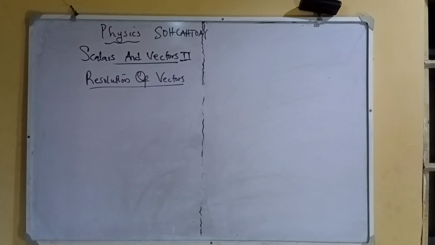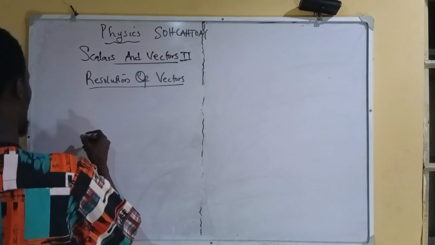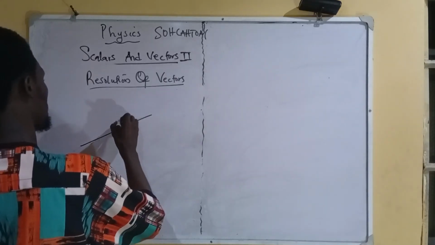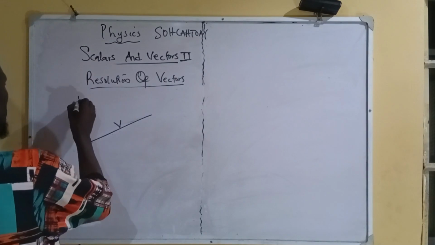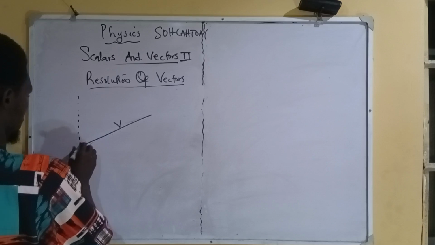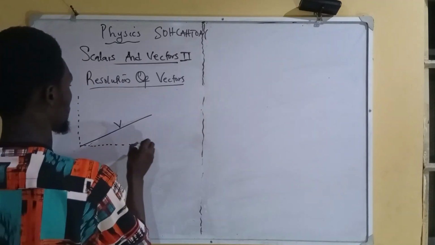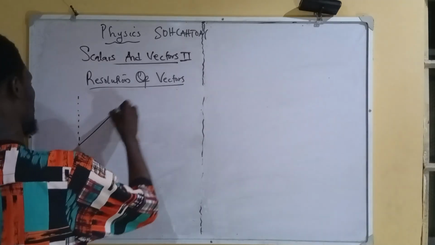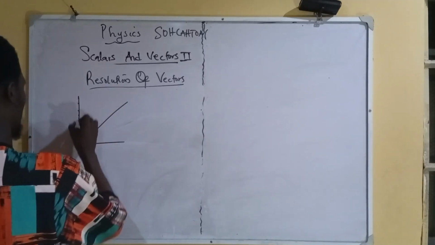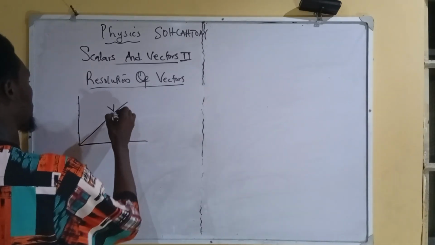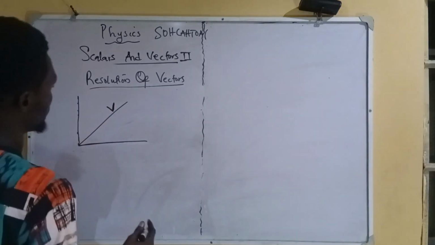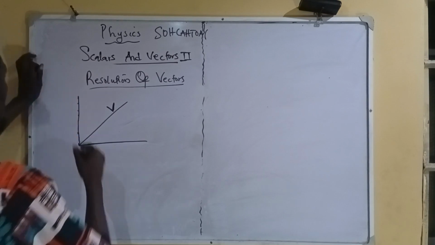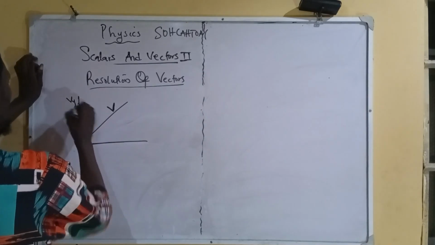So if you are given a resultant vector, for example a vector V this other way, and we are asked to resolve this vector into components, we can resolve it into two components: the vertical component and the horizontal component.